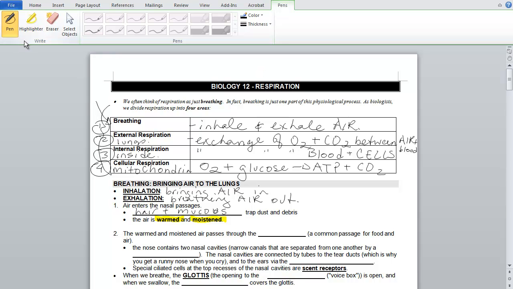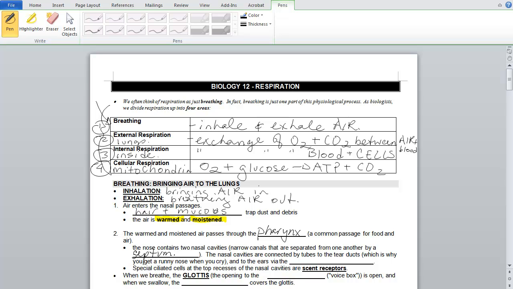The warm and moistened air passes through the pharynx, so that we remember is the dual passageway, the back of our mouth, our throat, and the nose contains 2 nasal cavities. They are separated by a wall called the septum, just like we had in our heart. The nasal cavities are connected by 2 tubes to the tear ducts, which is why you get a runny nose when you cry.